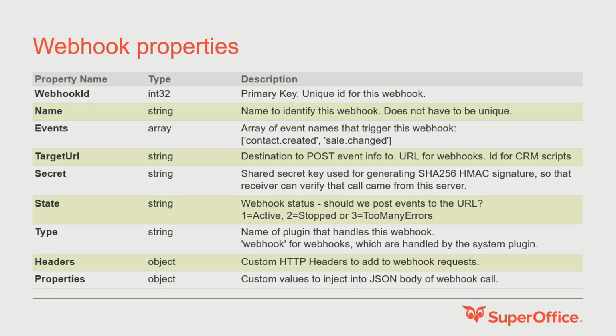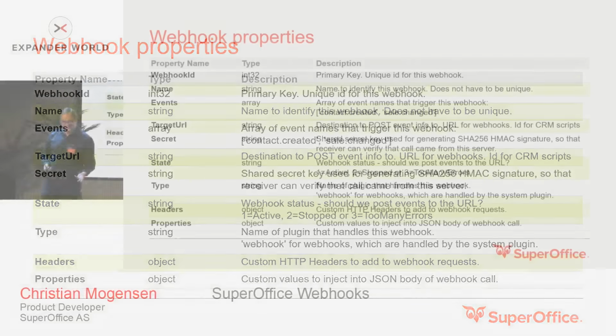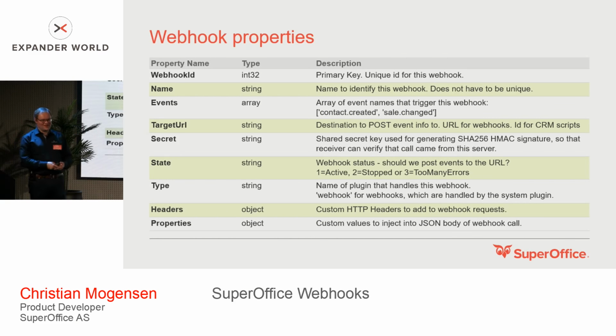Because after all, an event is just an HTTP post. Anybody could do an HTTP post if they know your URL. And if your URL isn't random enough, some bad guy could go in there and start lying about what's happening in SuperOffice. He'd post a bunch of contact deleted events, to make you delete your own copies of the data. That would be bad. So the secret is a way of trying to mitigate this.